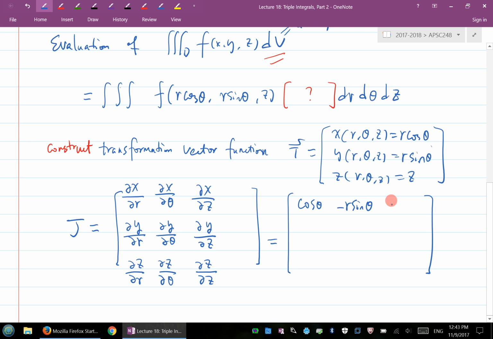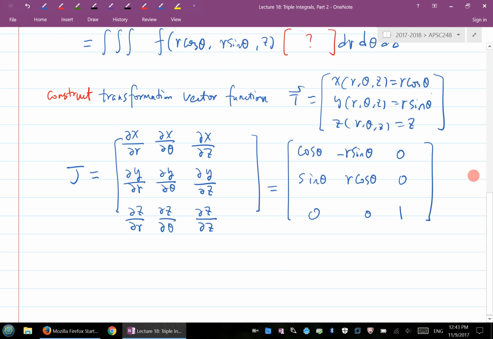X has no z there, so it should be 0. This is r, here's sine theta, here's r cosine theta, and 0, and 0, 0, 1. So that's your Jacobian for this polar coordinate transforming from Cartesian to polar.